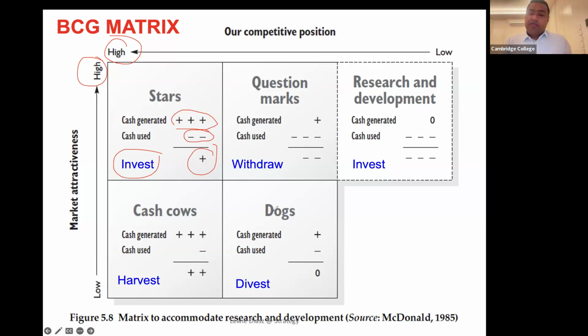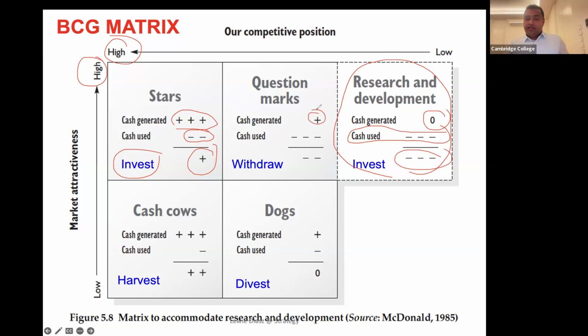Then the most unprofitable ones are the products that are still in the R&D phase. Cash generated is nothing. Cash used is quite a bit. Net effect is very unprofitable. Then you have question marks.